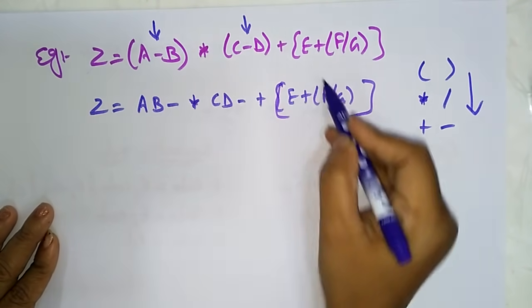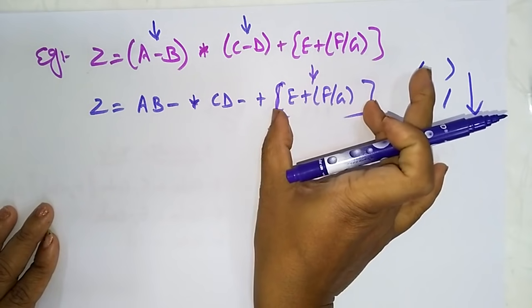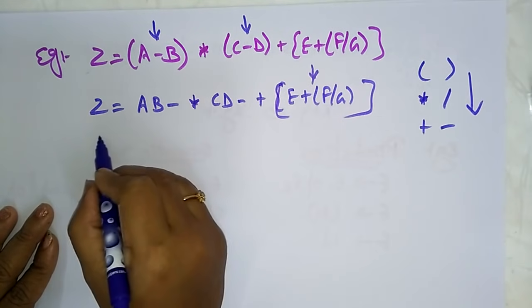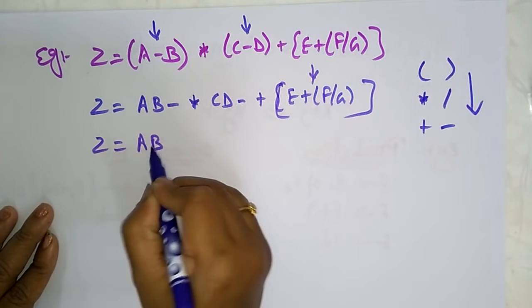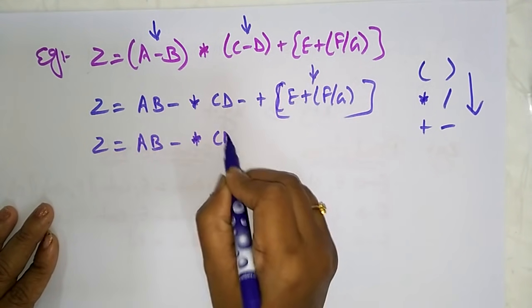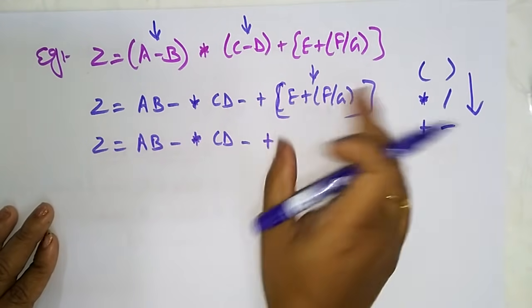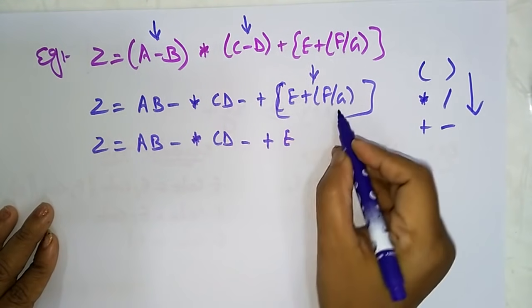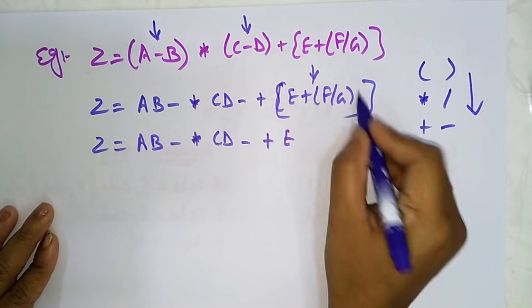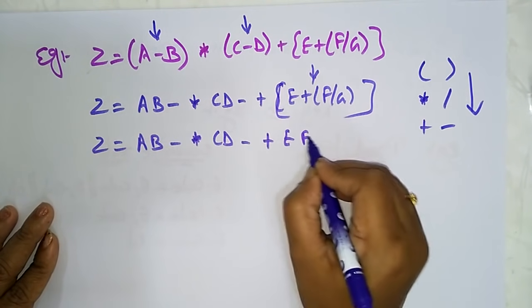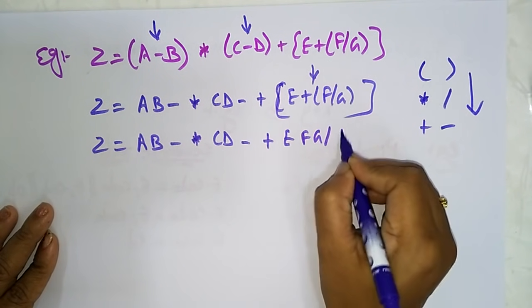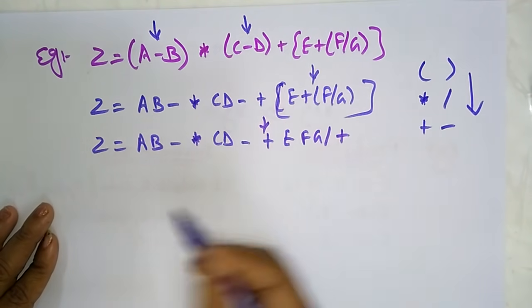Now focus on this parenthesis: AB minus star CD minus plus. Just remove this parenthesis. E, this has the higher precedence, so EFG slash plus. Next concentrate on here.